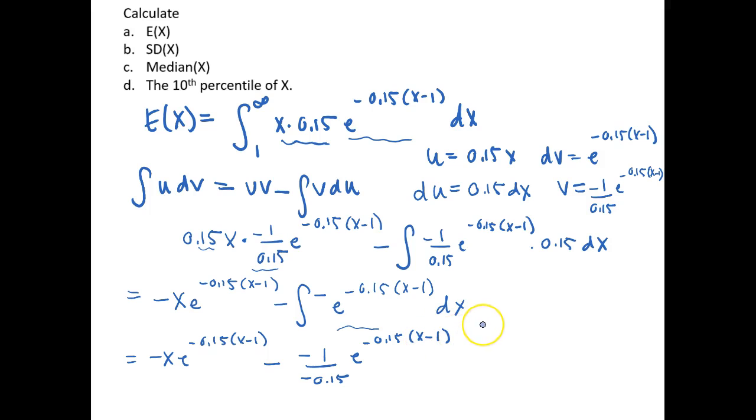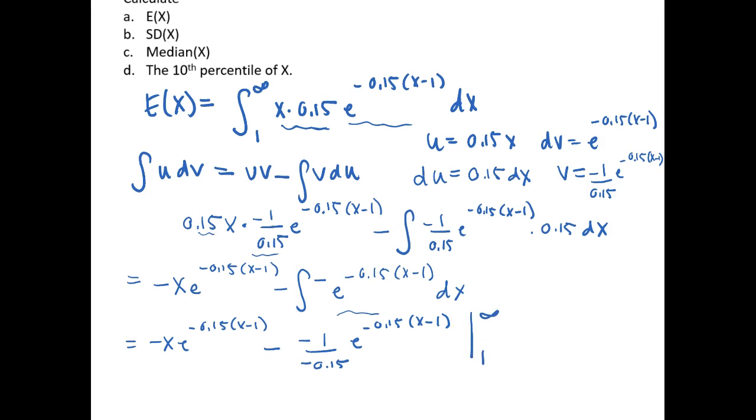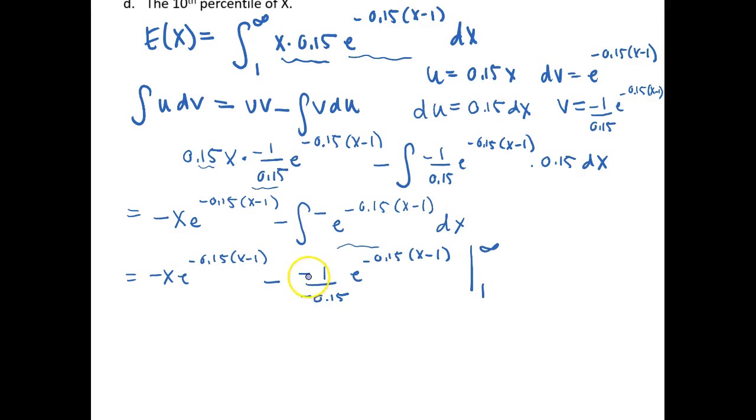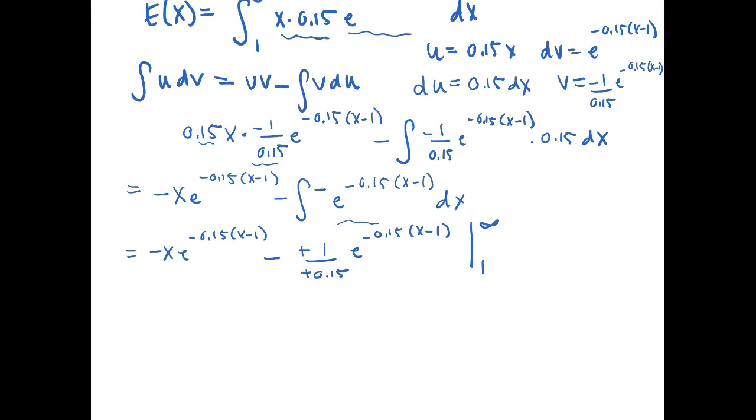Now we have to evaluate this expression from 1 to infinity. Let's remove these two double negatives, so these become a positive value, and evaluate the expression at infinity and 1.